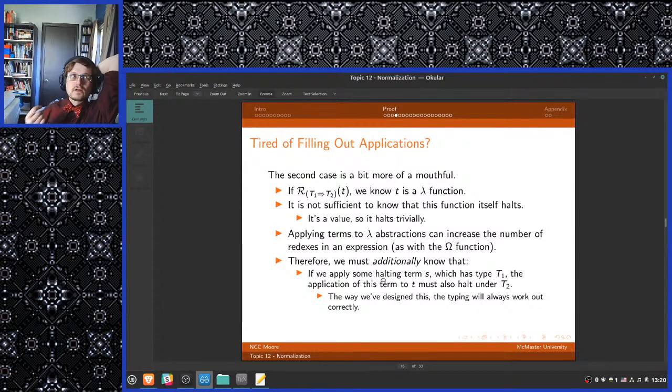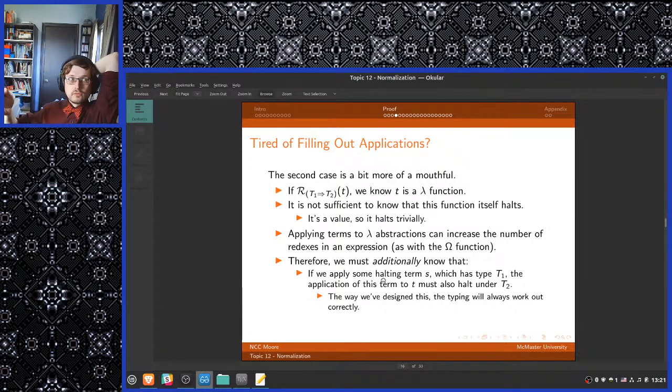Essentially, you can no longer map the number of redexes to the natural numbers because it may increase or decrease. So you can no longer make the argument that the number of redexes is a well-founded set, so that by eliminating redexes you would eventually reduce the term to a value.